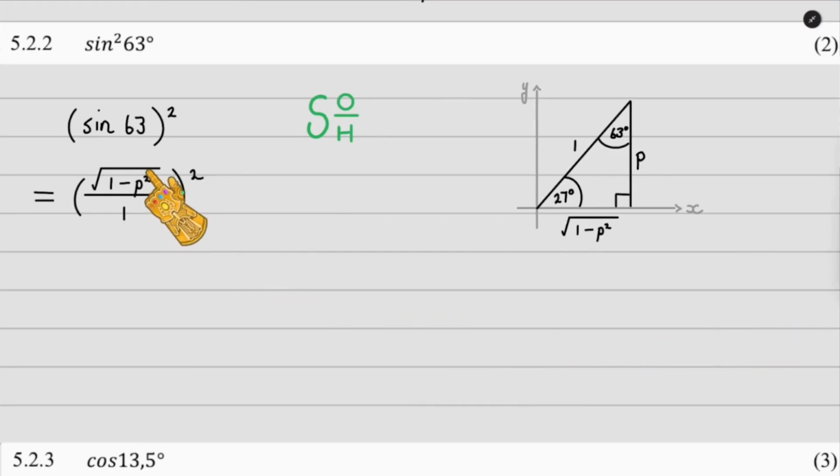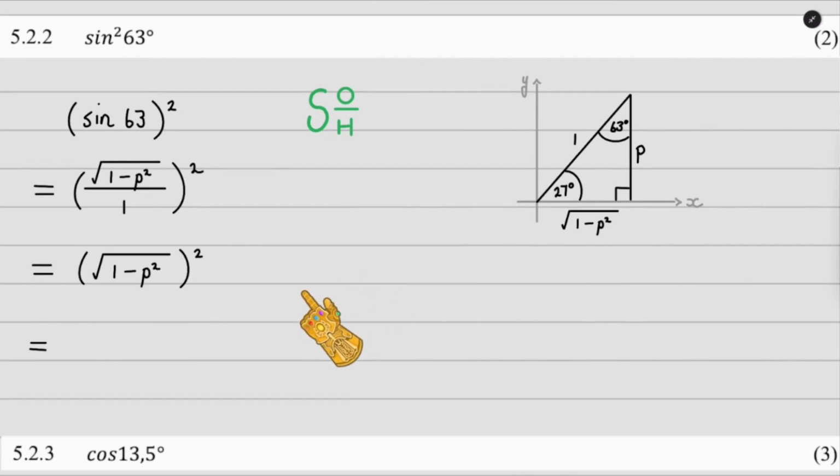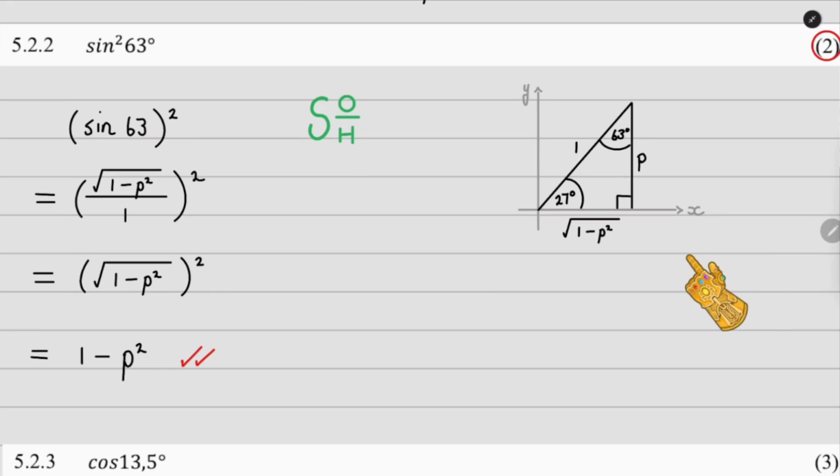And remember, like the last question, 7 over 1 is just 7, so this over 1 just kind of disappears. And after we've simplified that, this square cancels out with this big root, and we're just left with what's underneath the root, the 1 minus p squared, as our final answer. And last but not least, your 2 marks come from the answer only in this question.